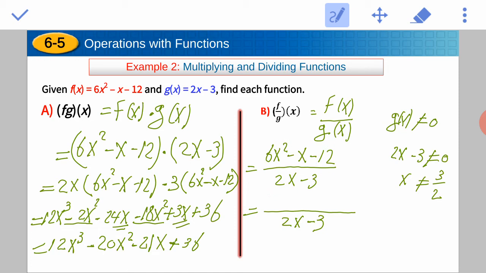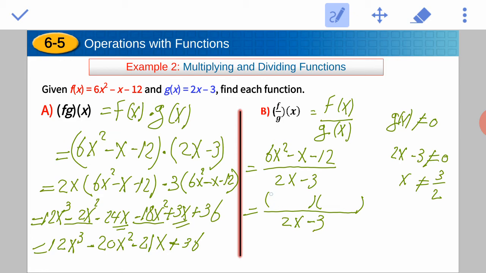So we can try factoring this into the product of two binomials. You need to try, guys, because there are many different scenarios. When you factor 6, it might be 3 times 2, it might be 6 times 1. Also, the factors of 12 are 3 pairs. It can be 12 times 1, it can be 6 times 2, it can be 3 times 4. So you need to be lucky when you try.